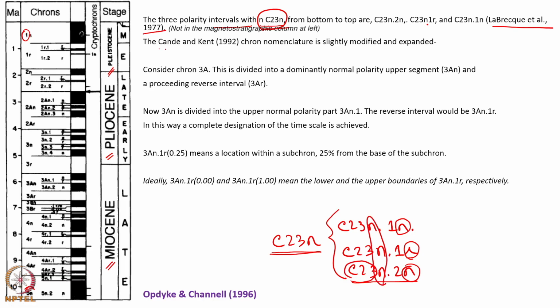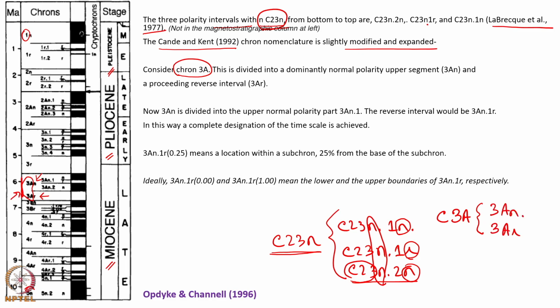Now, the Cande and Kent 1992 chron nomenclature is slightly modified and expanded. Let us consider Chron 3A. Here is Chron 3A. It has been divided into a reverse polarity at the bottom and the normal polarity at the top. So, C3A has been divided into 3AR at the bottom and 3AN at the top, as is shown here.